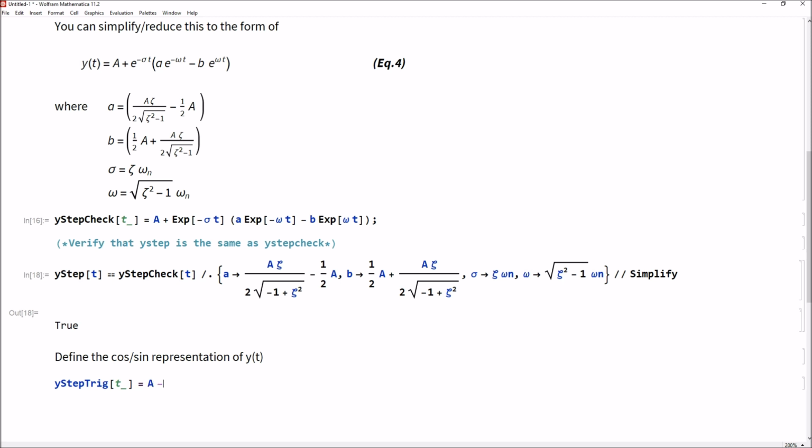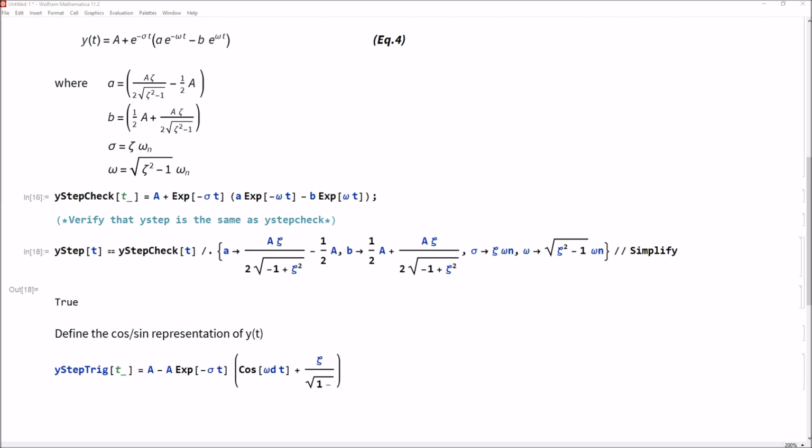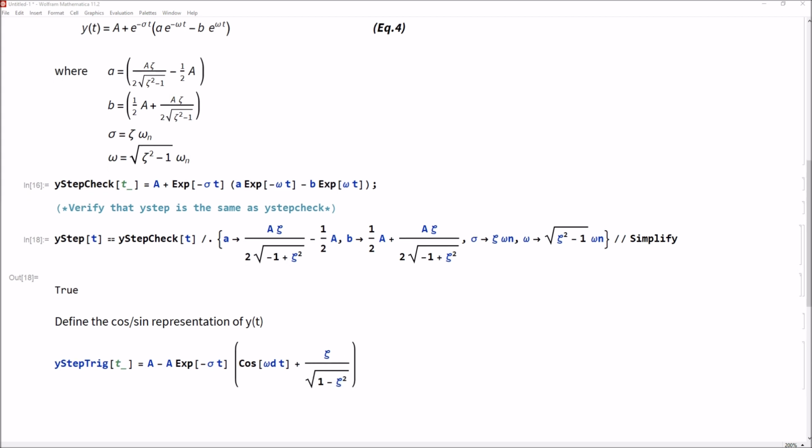I think we said that was a minus a e to the minus sigma t, times the quantity cosine omega d t plus zeta all over square root of 1 minus zeta squared times sine of omega d t.